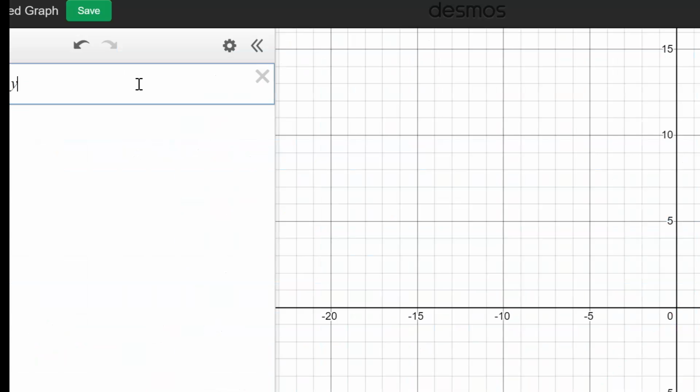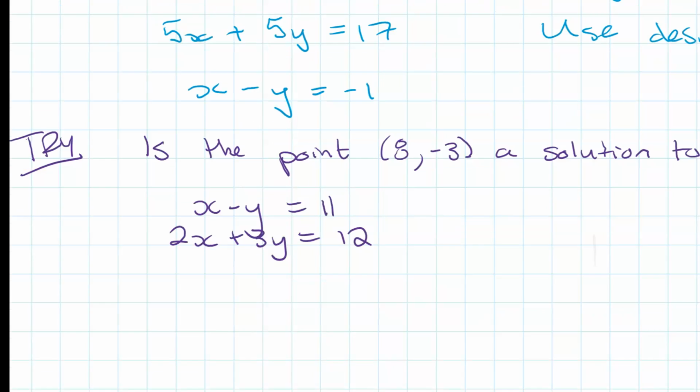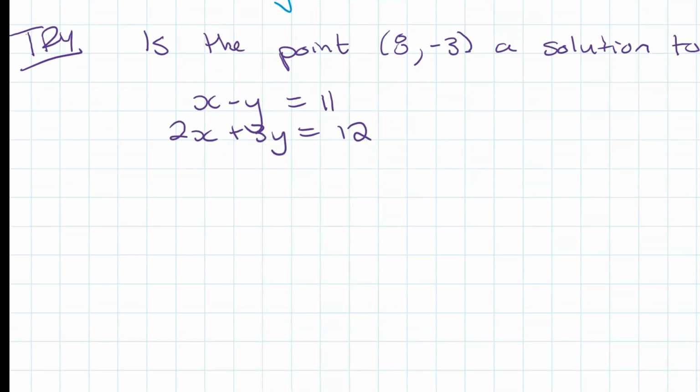So I'm going to type this into Desmos here. And it's not looking like it. There is a solution, but it doesn't look like that one. So I'm going to confirm with some algebra. So set it up and do an algebra confirmation. As we learned before, pause the video and then give this a try with some algebra.